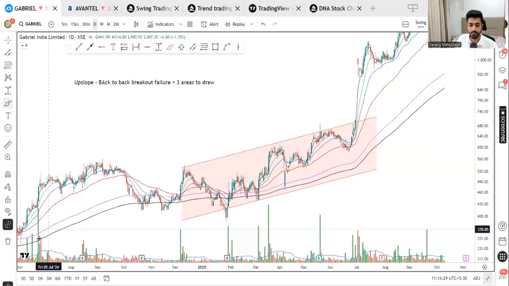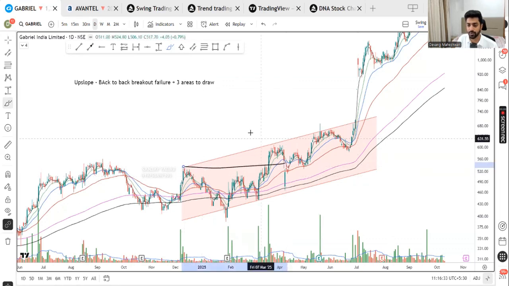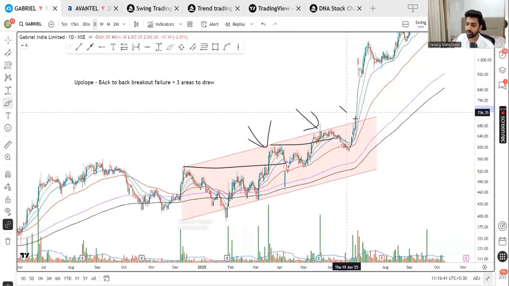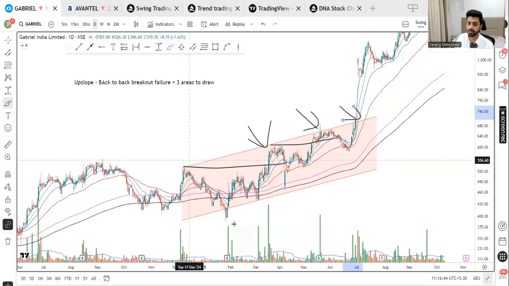So this is an up move, and then it is an upslope base. You have a breakout failure here. You have again a breakout failure here, enough to give you an indication that it's happening again and again. So then a final breakout will be out of this complete channel.